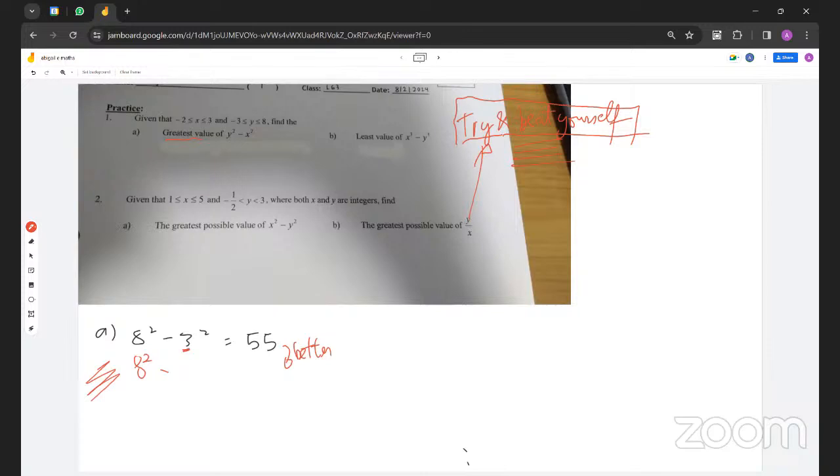Please choose something else besides 3. Any number, please. 2? Okay, 2 squared. Press calculator.